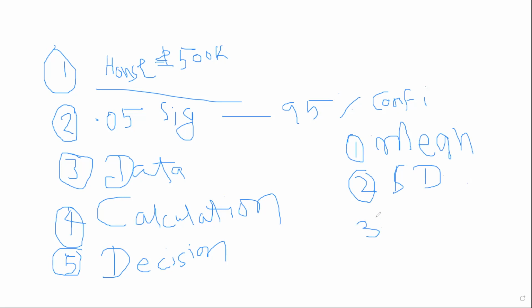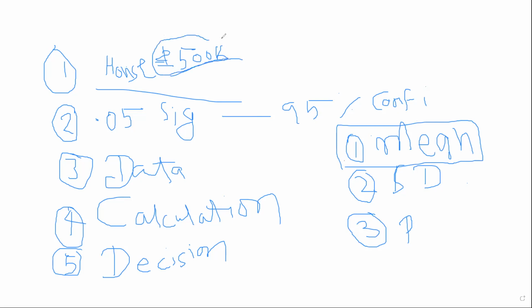Number 3 is proportion. So first, mean or average. We just formulate this hypothesis based on mean housing prices. There are also median hypotheses, which are not covered here, but let's say we are talking about mean or average house price being 500K.